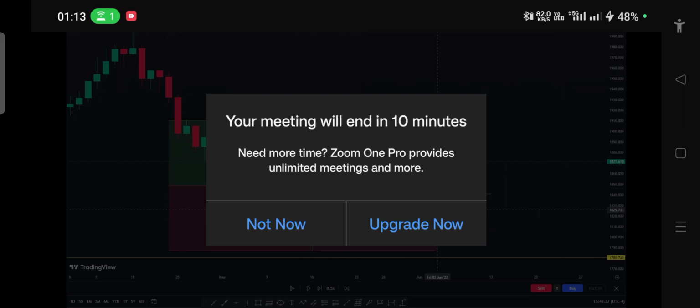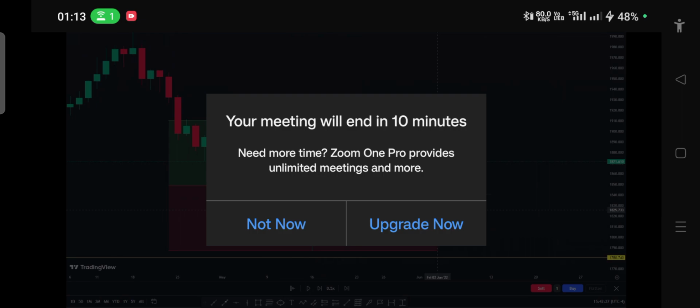Now, guys, bias is shifted. Now the low will be the target. Again low. Okay, so now we formed a swing low. So we trade above the candle's high.